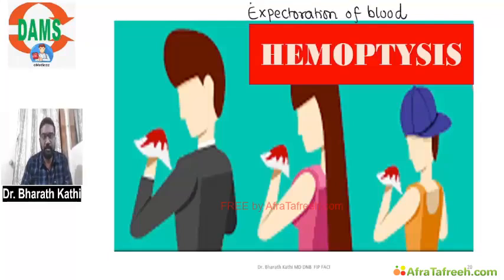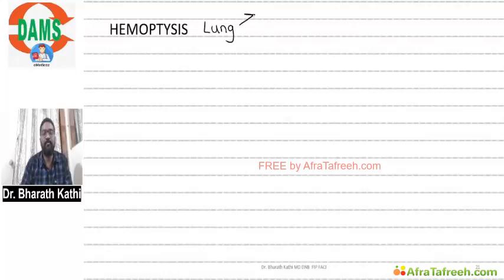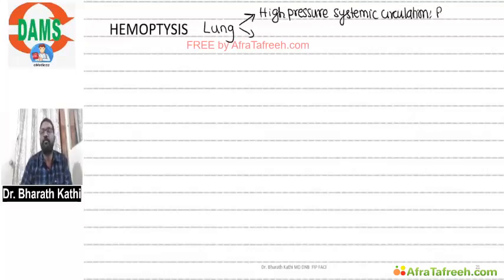I think most of you must know that your lung has a dual blood supply. So what are the two blood vessels that supply your lung? One is the high pressure systemic circulation, that is your bronchial artery.